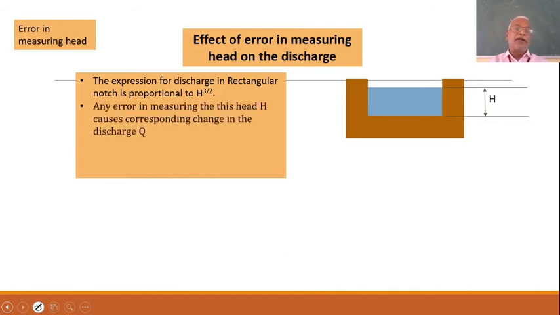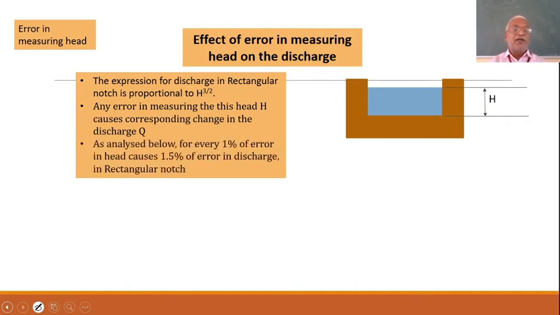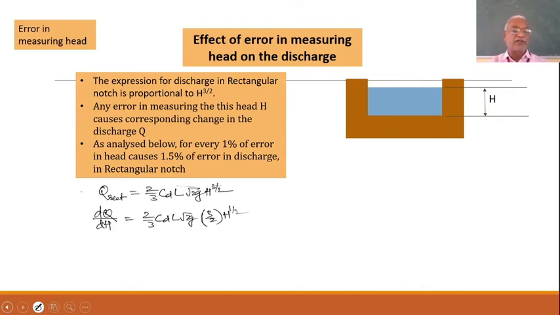Any error in measuring this head h causes a corresponding change in the discharge. As analyzed below, every 1% of error in head causes 1.5% of error in discharge in a rectangular notch.